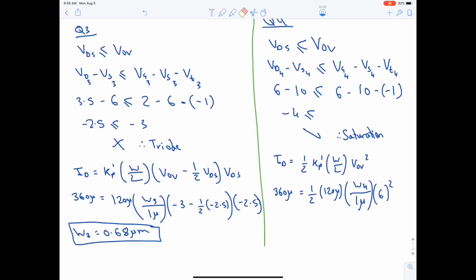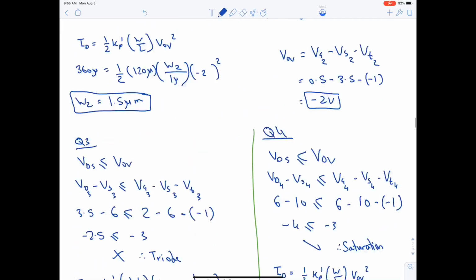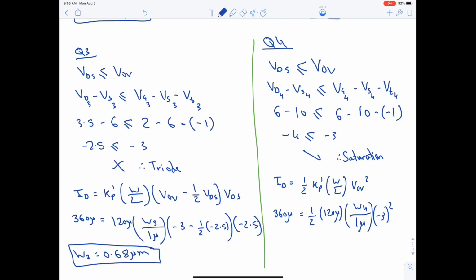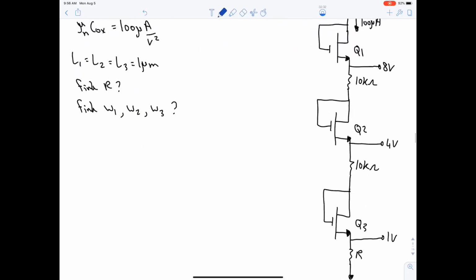So 6 minus 10 is minus 4 plus 1, it's minus 3. See how I caught a mistake? Because this is PMOS, the voltage drops have to be negative. So VOV has to be negative, and I got a positive number, so there was something wrong. Anyway, W4 here is equal to 0.667 micrometer. Okay, great.